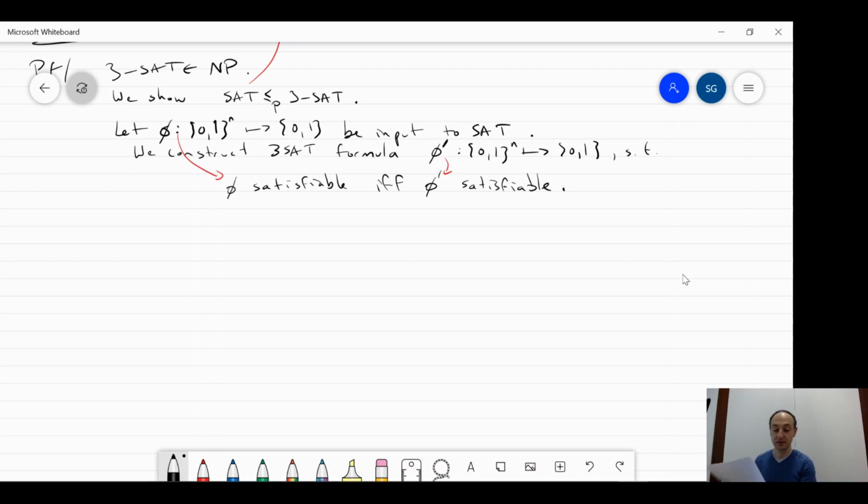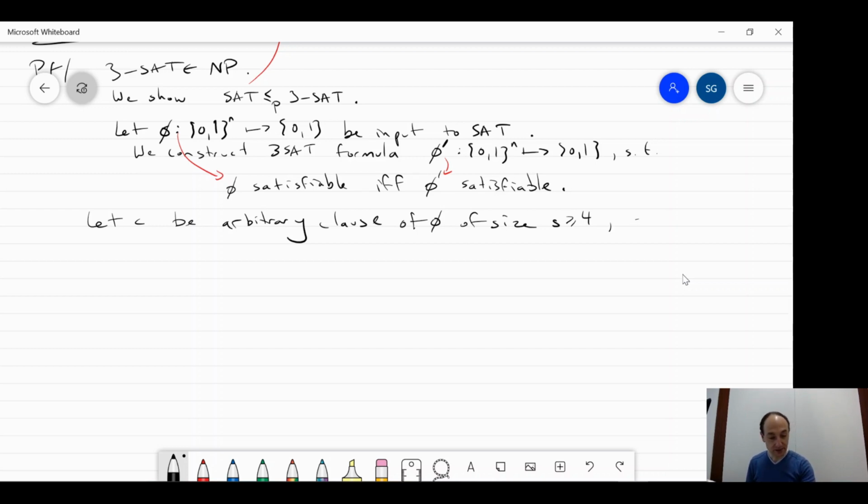So let C be some arbitrary clause of phi, and let's suppose it has some size s. It doesn't have to be 3. It's going to be at least, I guess, at least 4, because otherwise we've already got to 3.